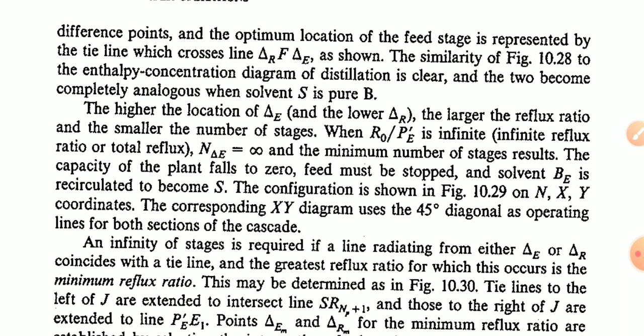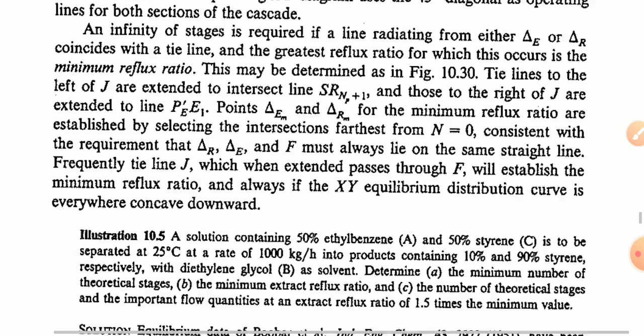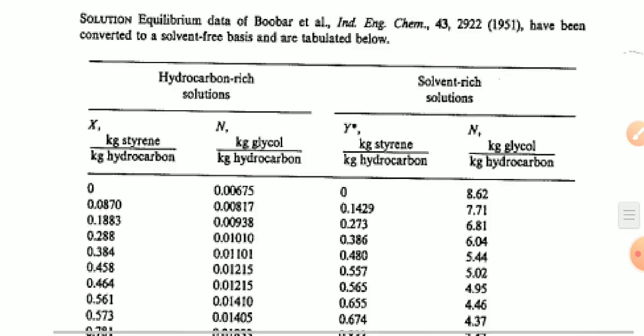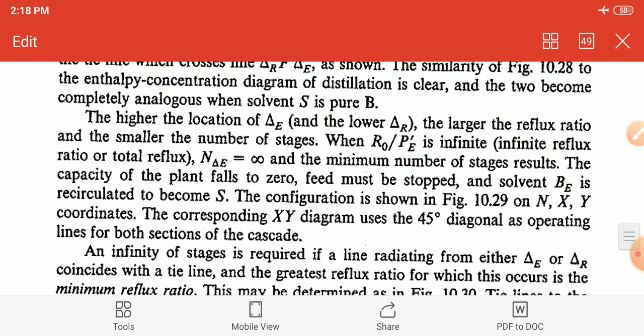Now the second part: main equations and the example part. The higher the location of del E and del R, the lower the number of stages, and the larger the reflux ratio, the smaller the number of stages.